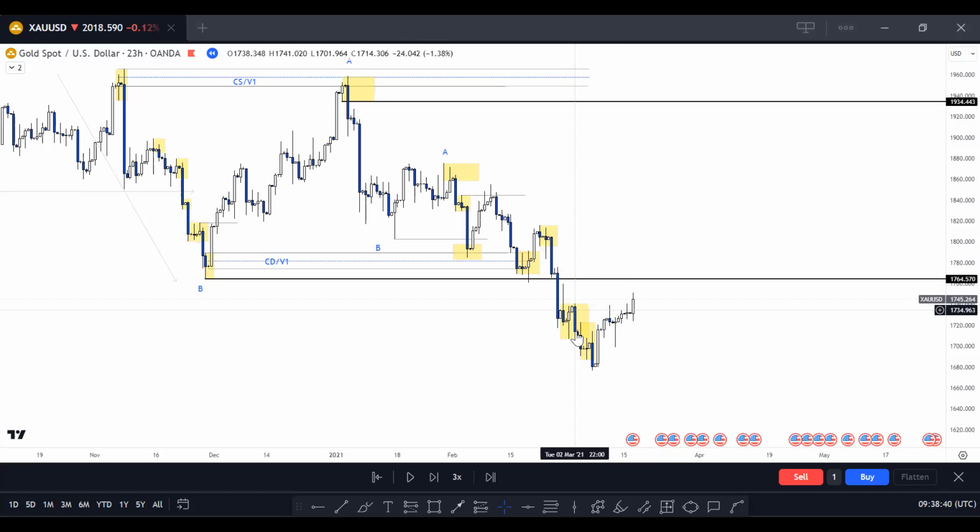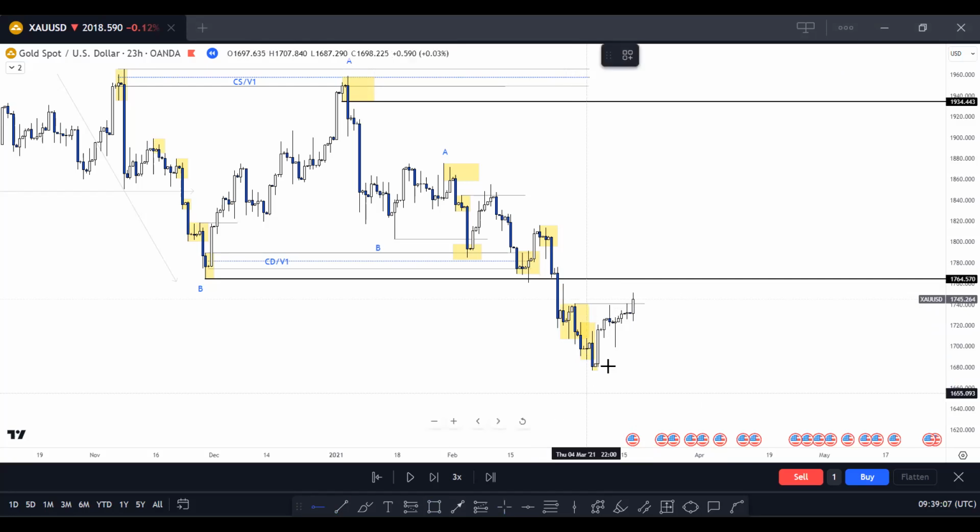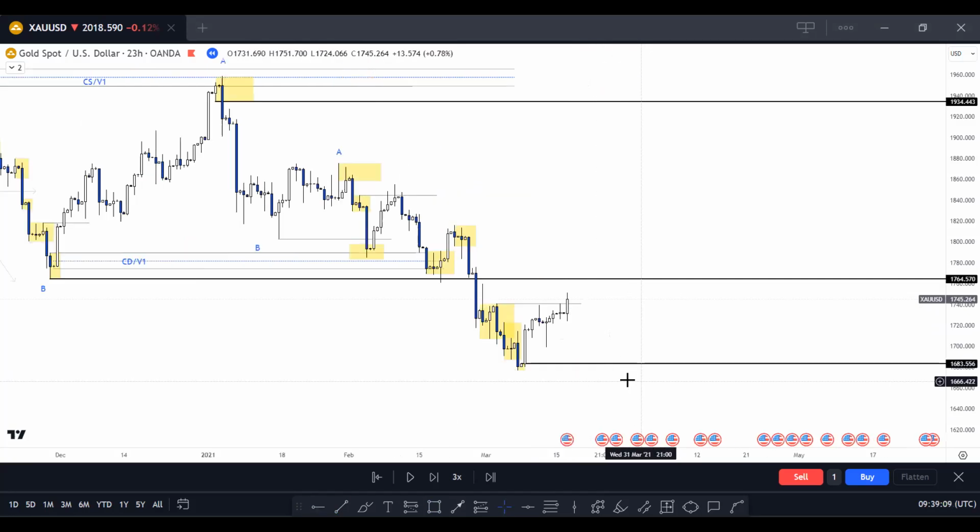You can see we have a drop, then we have ranges, drop, ranges, drop. Then all of a sudden we have a range and an impulse to break the zone. So guys, we have B. Intent has now been formed. Does that make sense? Because we have intent, which is the moment this high was broken, we now have CSV1, a potential entry point.